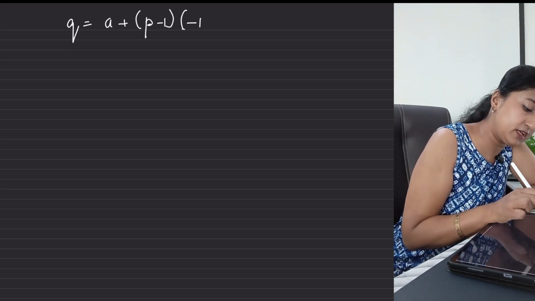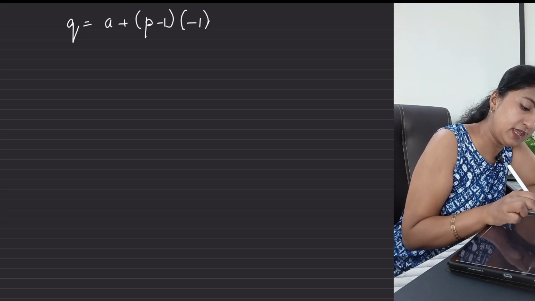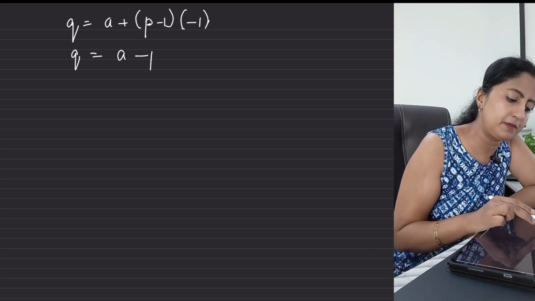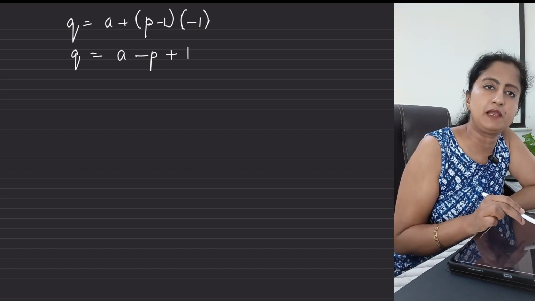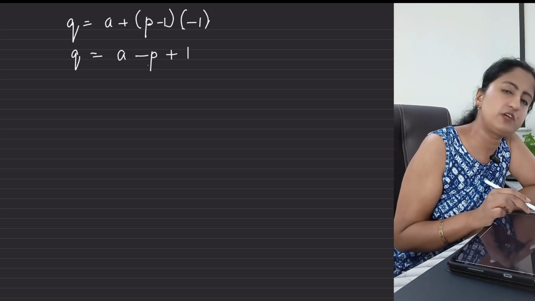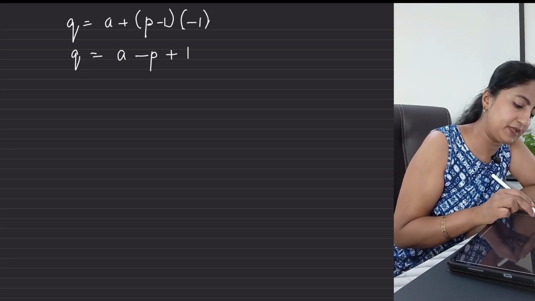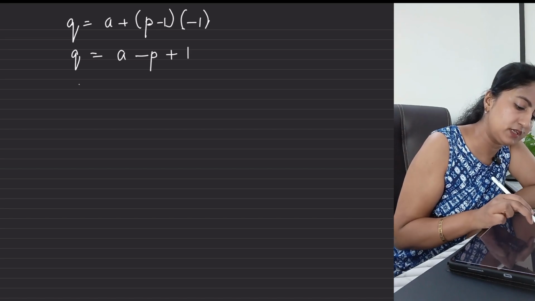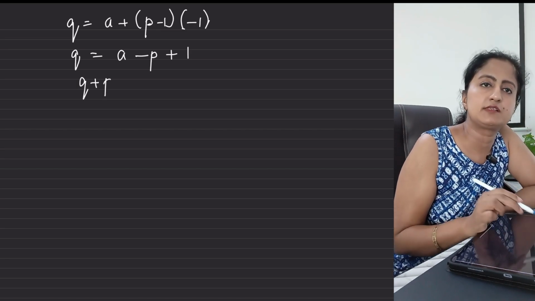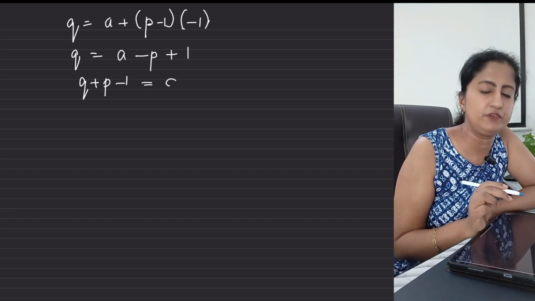So what we get over here, Q equals A minus P plus 1. I multiplied P minus 1 with minus 1, and hence I got negative P plus 1. Now I will shift everything to the left except A. So we get Q plus P minus 1 equals A. This is the value of the first term we have got.